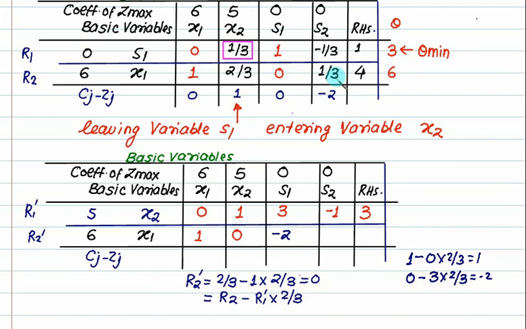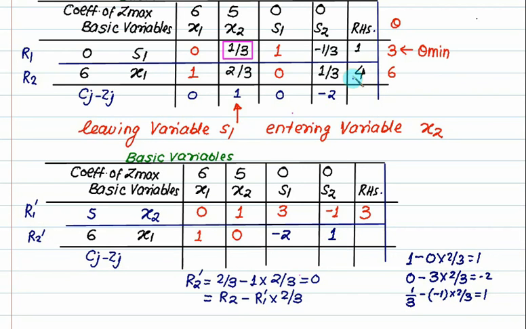Now what about this one? This is 1 by 3. So this is 1 by 3 minus, what is the new number? Minus 1, multiplied by 2 by 3. 1 by 3 plus 2 by 3 is 1. So this number is 1.